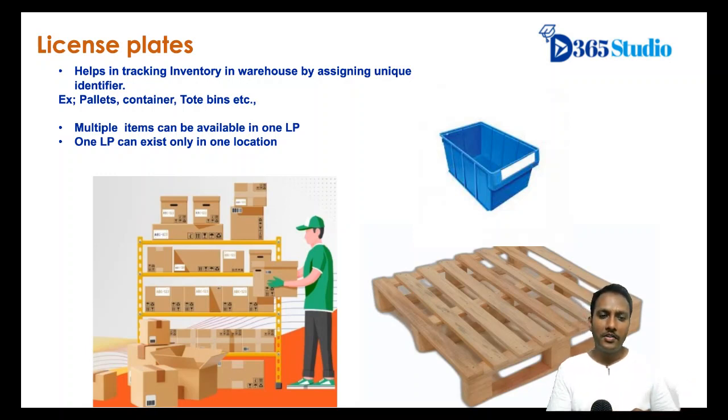The advantage of using the license plate is, by attaching a license plate number on the box, you know the contents in the box. So if you have to deliver the same box to a customer, you don't need to scan those 50 serial numbers again, because when those 50 items are kept into the box, those serial numbers are recorded in the system, saying that serial numbers 1 to 50 of batch number 1 and batch number 2 are available in this box.